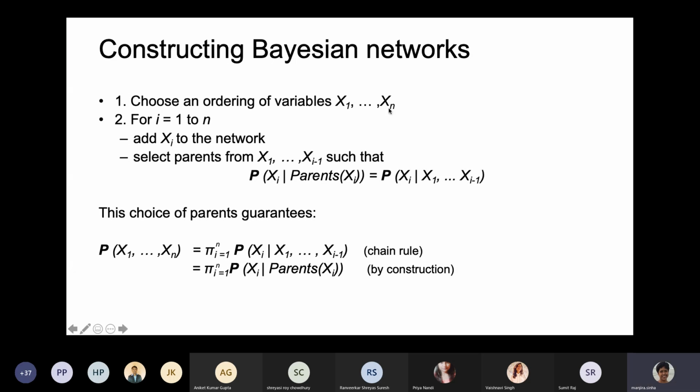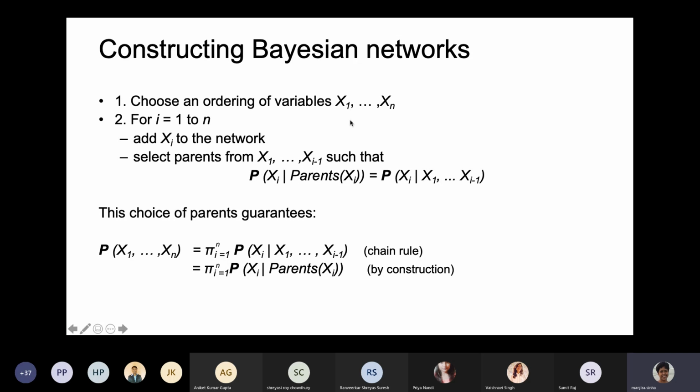For constructing any Bayesian network, which is basically a directed acyclic graph, the very first thing that we need is the set of nodes, that is the random variables, that is actually each variable in our problem statement.